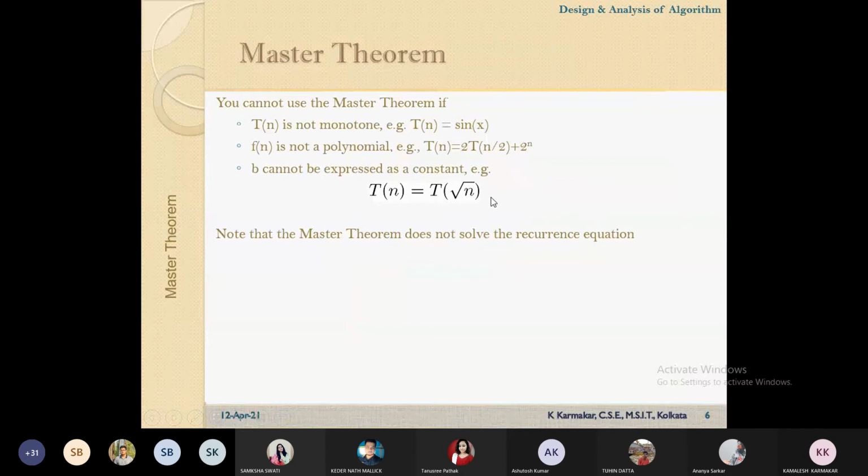Later on, we will take some slightly more complex problems like this one.